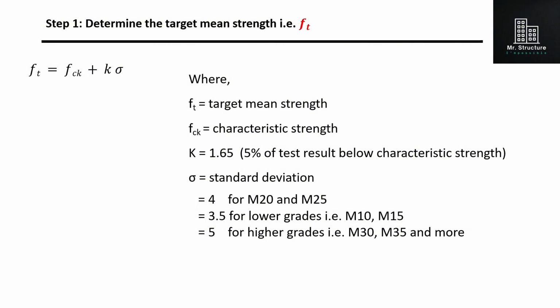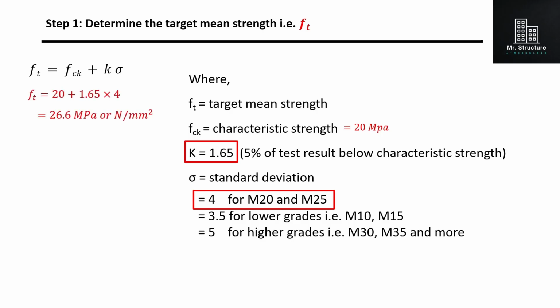In our case, since Fck is 20, we choose the standard deviation to be 4. Using these values, we can calculate the target mean strength. Therefore, Ft is equal to 26.6 megapascals.